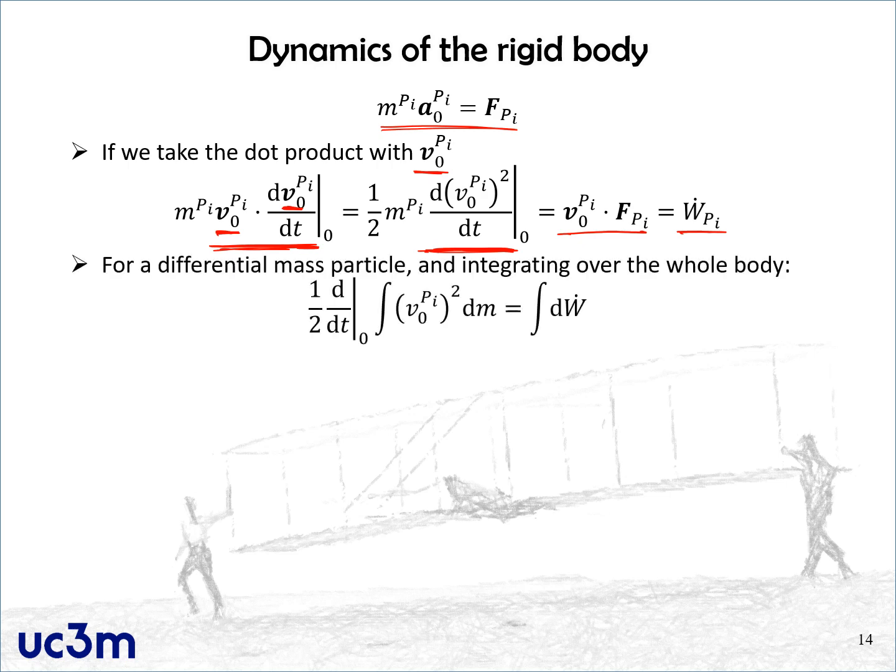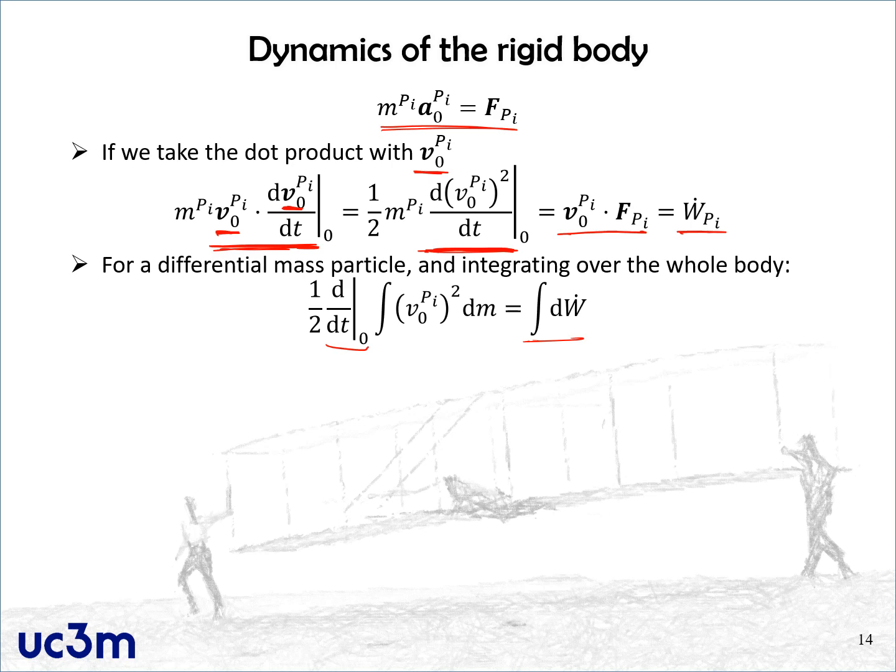Now, if we consider a differential mass, a particle with a differential mass, the left-hand side can be expressed like this. Okay, we have the derivative sign, which can be taken outside of the integral. And on the right-hand side, we have the integral of the power of the point particle. Okay, we are integrating over the whole body. So P again is the point that runs over the integral.